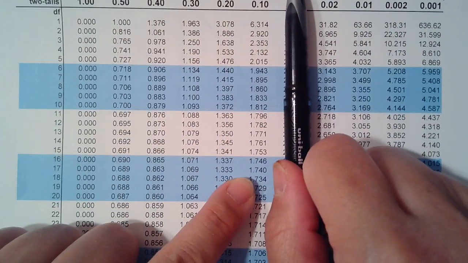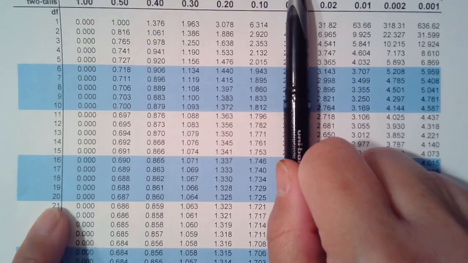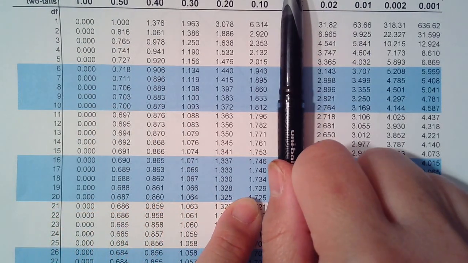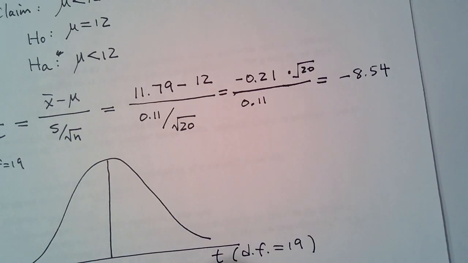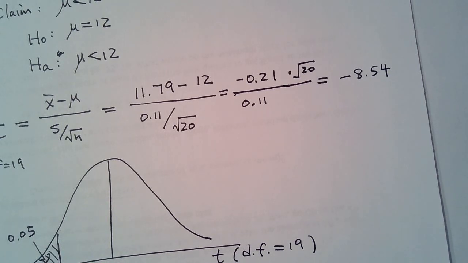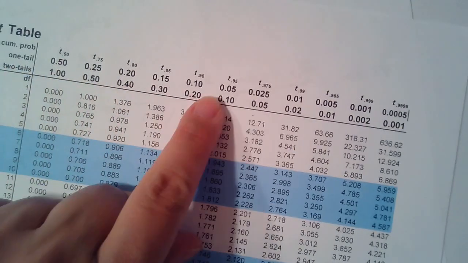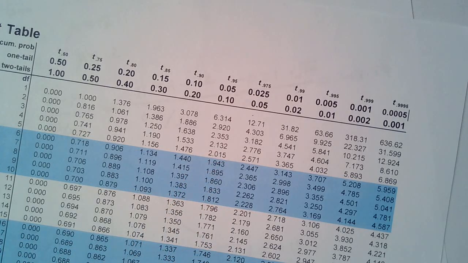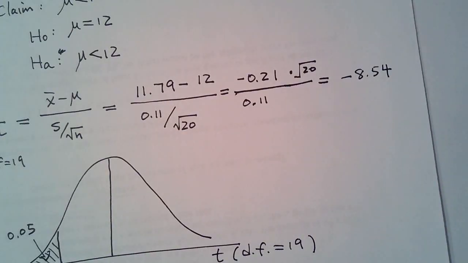And the degrees of freedom is 19, which is this row. So it's 1.729. So I have negative 1.729, and that is 0.05 in one tail, with 19 degrees of freedom.